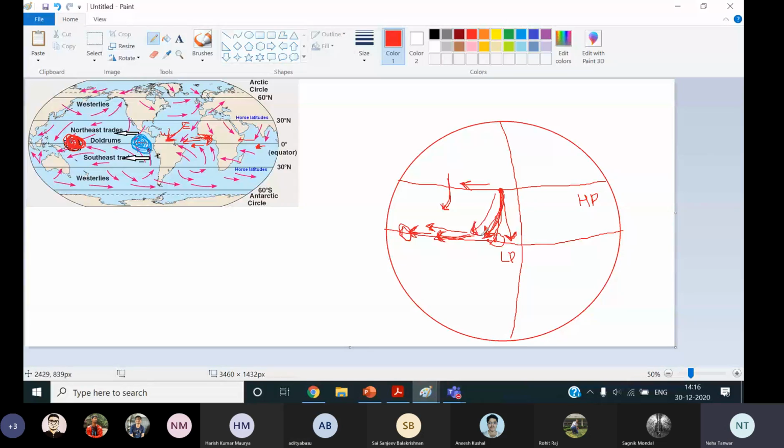So what will be the atmospheric condition here? That at the surface, there is always a push coming from the higher latitudes, right? So this push is always in this direction. So for the winds that are moving along the equator, this will be the easier one.